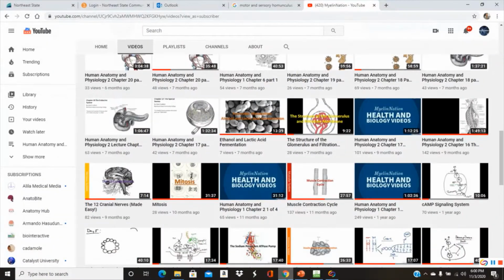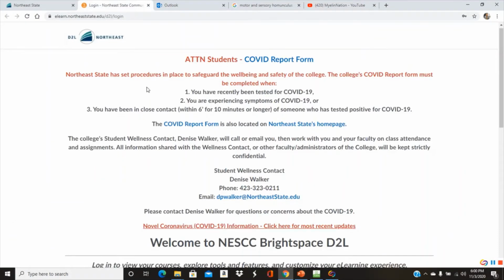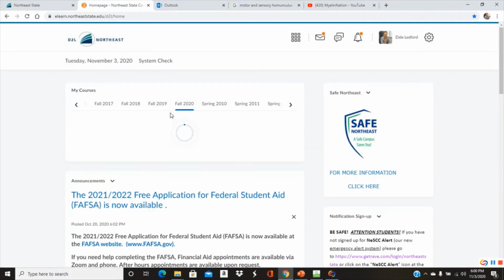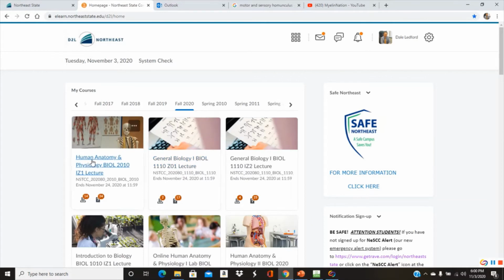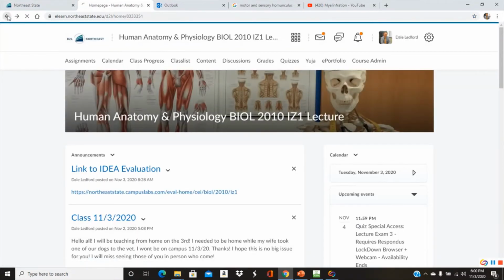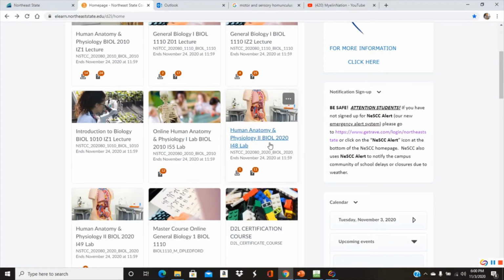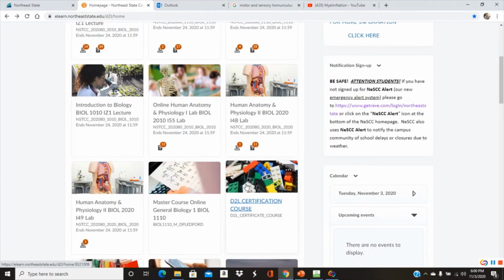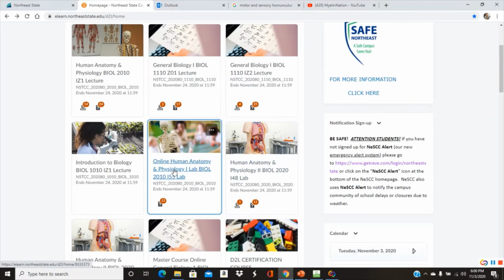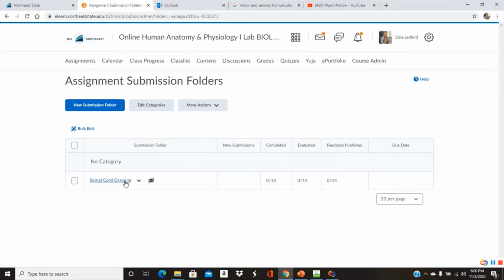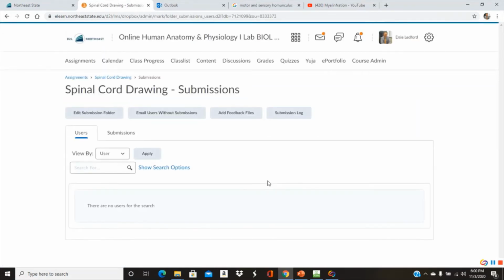Guys, this is it. Please don't forget to put your spinal cord drawing on my assignments tab if you haven't done it when you go into your class. And log in. Click on assignments and you will find your spinal cord drawing and can post that there.